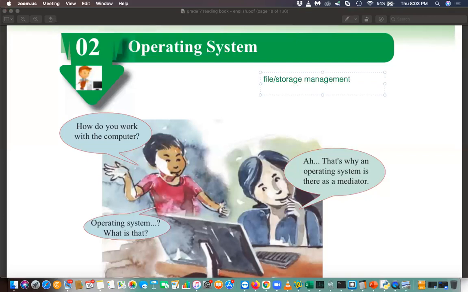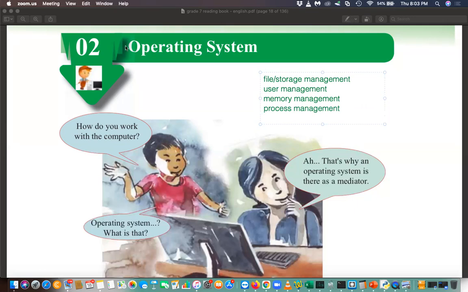That is correct. Another activity is user management. And another is memory management. So what else can it do? It can manage storage, users, memory. It can manage processors.